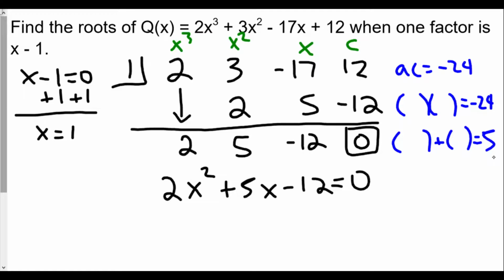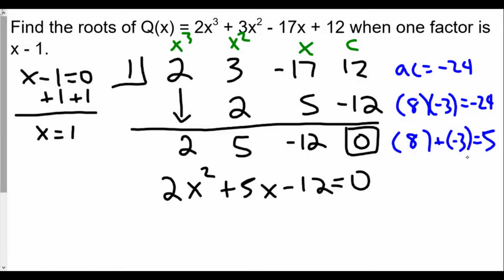Well, negative 24 is definitely 12 times 2, but that's not going to work out so great. Maybe 8 times 3, and that might work, because if we do positive 8 and negative 3, that gives me negative 24, and positive 8 plus negative 3 gives me the 5 here.